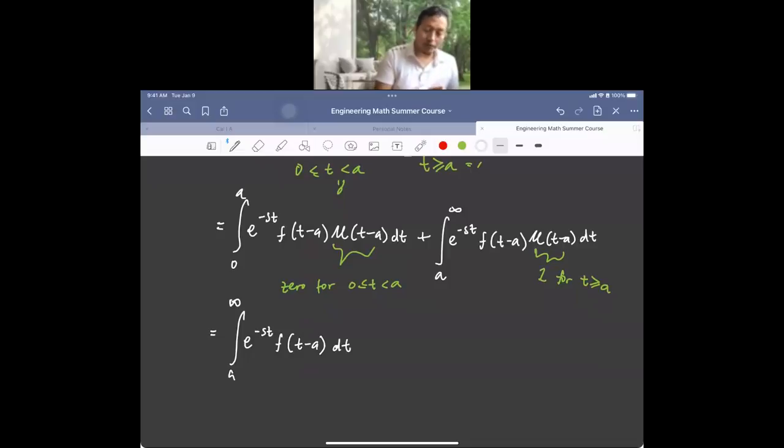Maybe write with a substitution to make it easier to calculate. Let v equal t minus a, so dv equals dt.